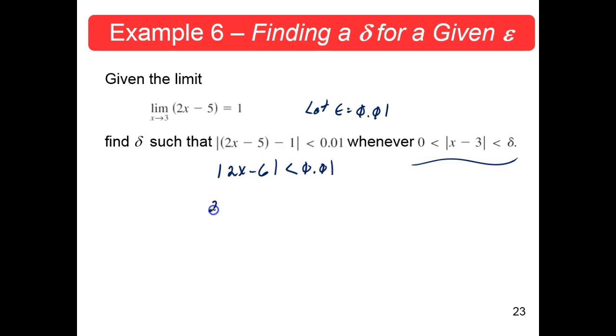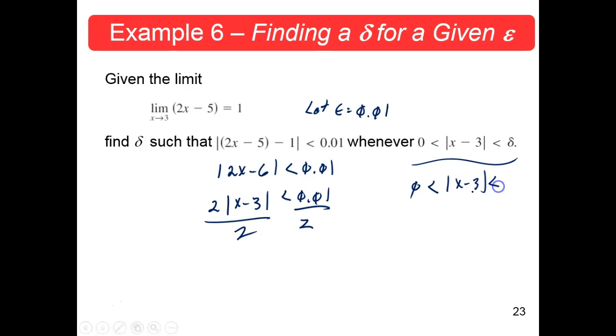So just like we did before, factor out the 2. Absolute value of x minus 3 less than 0.01, divide by 2, and now you know that the absolute value of x minus 3 has to be greater than 0, and the delta is going to be 0.005.